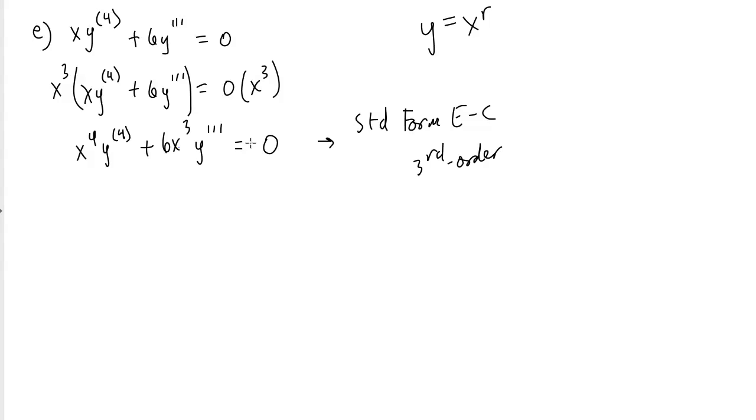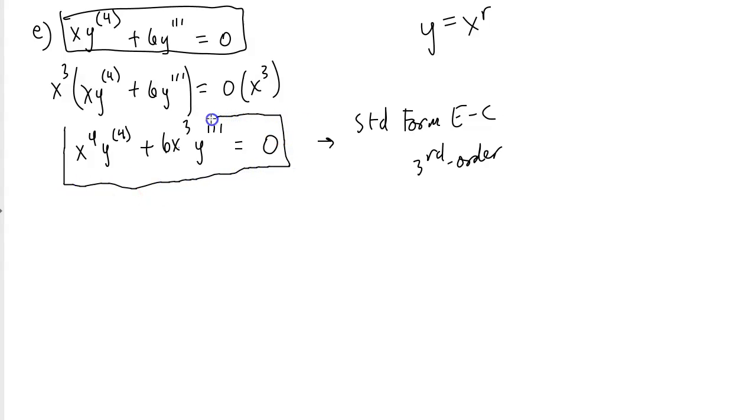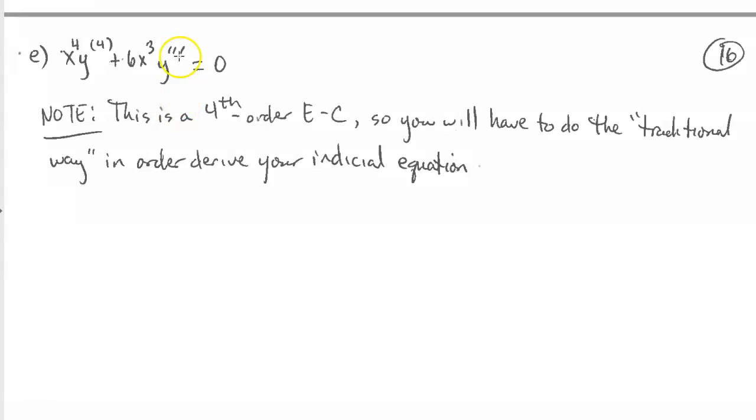Okay. So now that we know that this is an Euler-Cauchy, whether it looks this way or if it looks this way, we're going to go ahead and solve the problem with it looking this way. And I'm going to switch back to the notes so that we can do that.